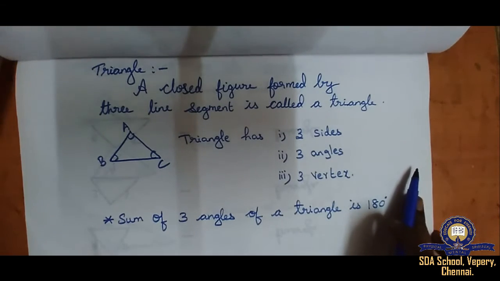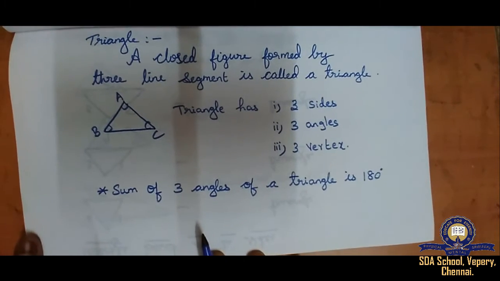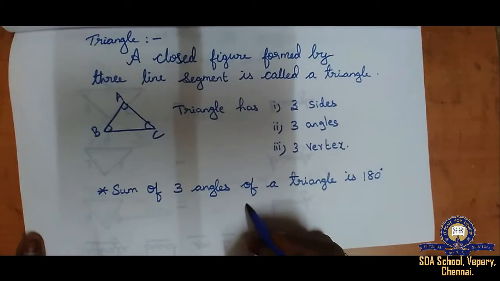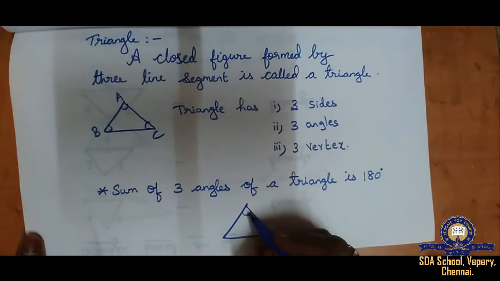Here, next thing, sum of the 3 angles of a triangle is 180 degree. This is a theorem which is mostly used for the triangle. Sum of 3 angles. For example, if I draw a triangle, this is 60, this is 60 and this is 60.